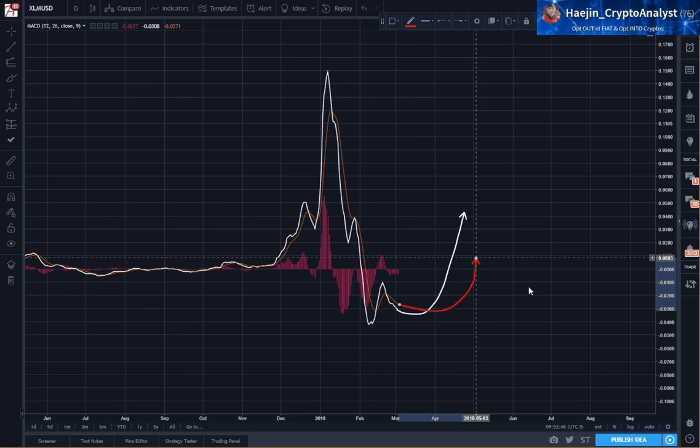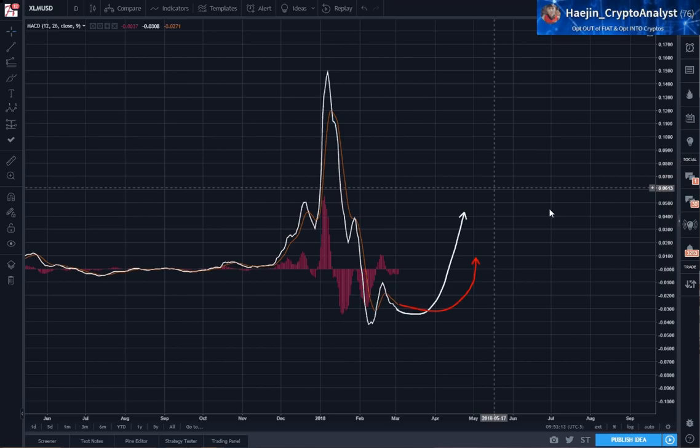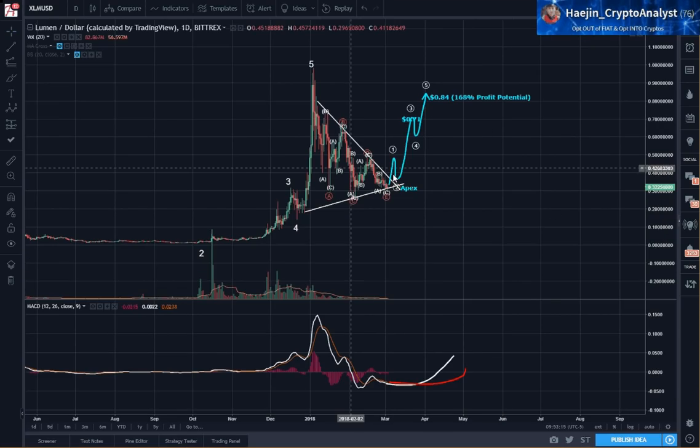Now, this is a very rough approximation, but the general trend of the MACD would probably look like this if and once the price explosion happens. In fact, I would bring all of this tighter, closer.